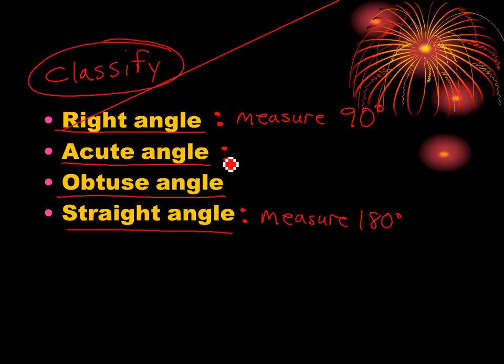An acute angle is an angle that has a measure between, what two numbers do you think it's between? 0 and 90. Now you use the word between, so do you have to go, oops, hang on, keep running out of space. 0 and 90 degrees.